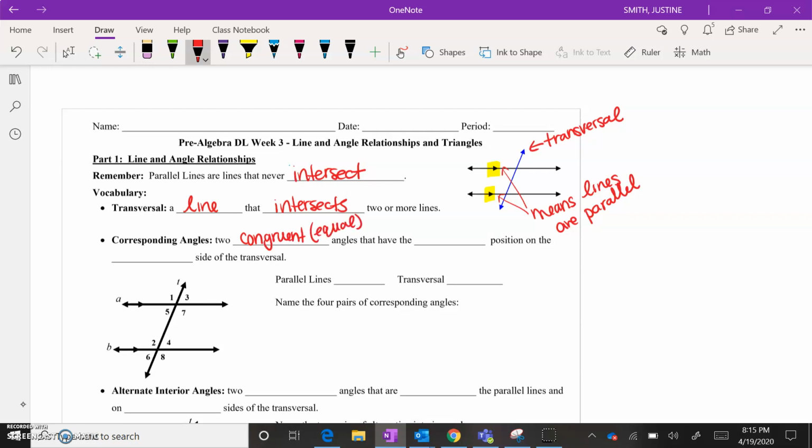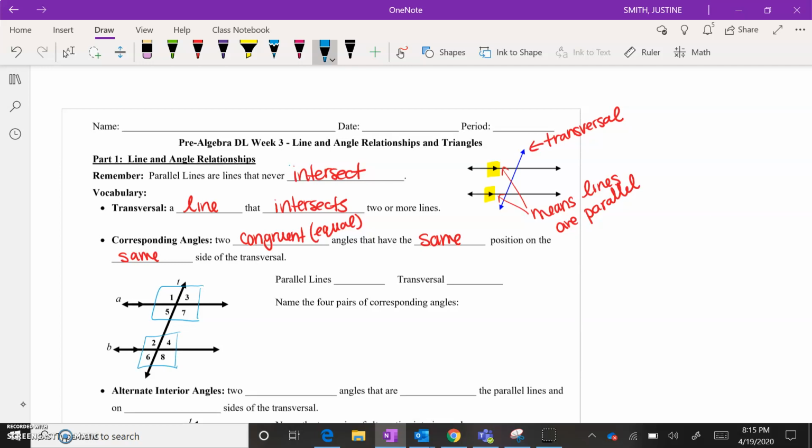Angles that have the same position on the same side of the transversal. So for example, in this diagram here, what I usually like to do for corresponding angles is split the top four angles and think of that as one grouping, and then the bottom four angles and think about this as the other grouping.